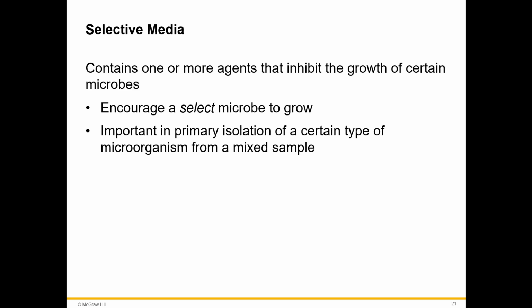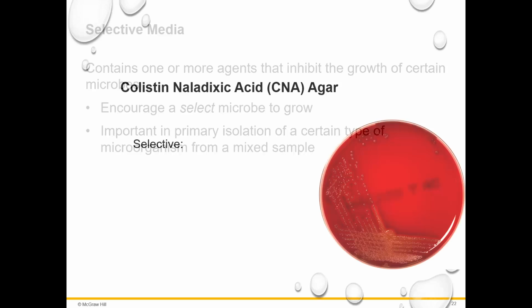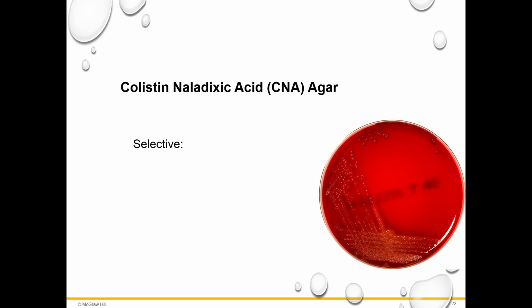Selective media selects which organisms can grow and which organisms cannot grow on its surface. So selective media selects against the growth of certain microorganisms. An example of a selective media would be colistin nalidixic acid, CNA agar. CNA agar kills off gram-negatives, so it selects against gram-negative bacteria, while encouraging the growth of gram-positive bacteria.